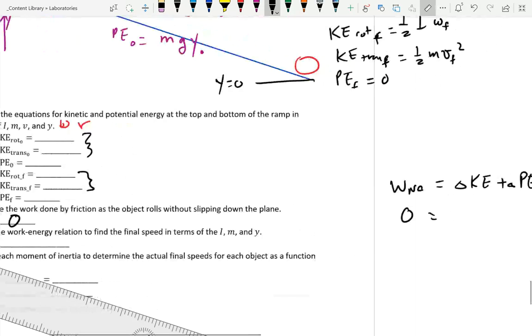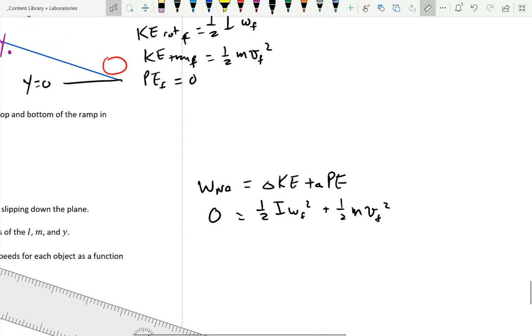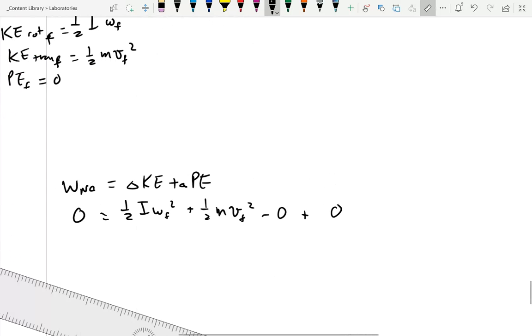So that's 1/2 I omega final squared plus 1/2 m v final squared minus the initials, which were 0. And then plus change in potential energy, which is 0 for the final, minus mgy initial.